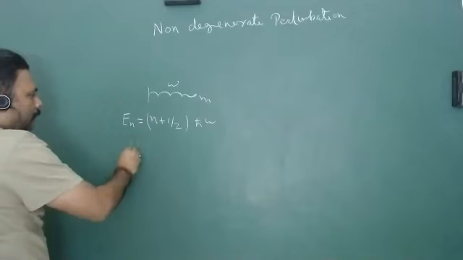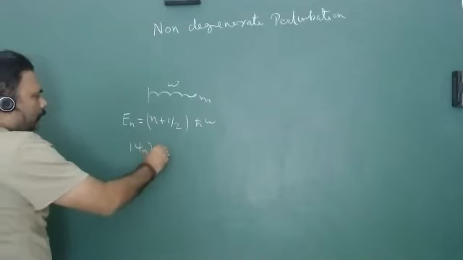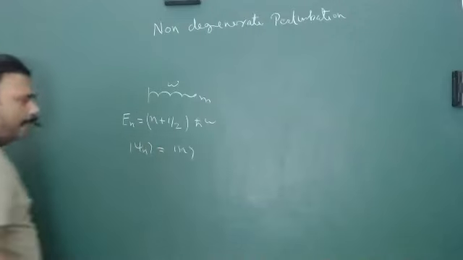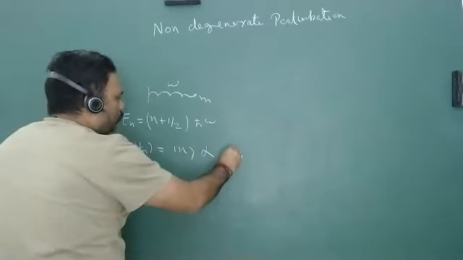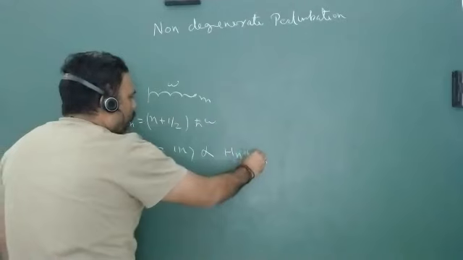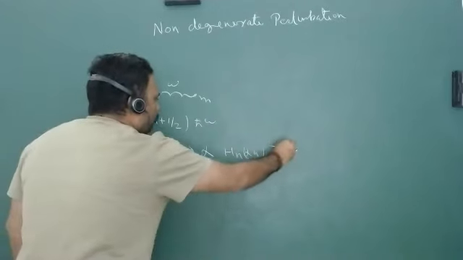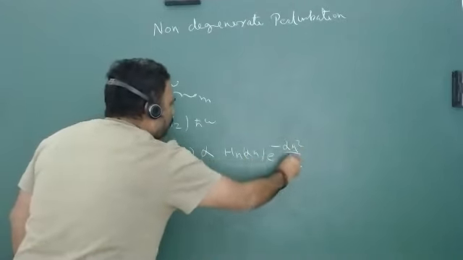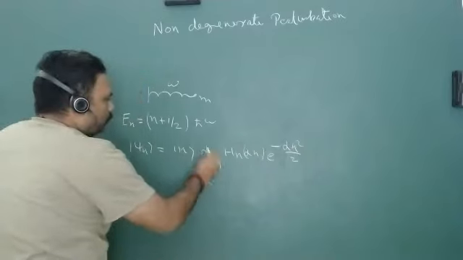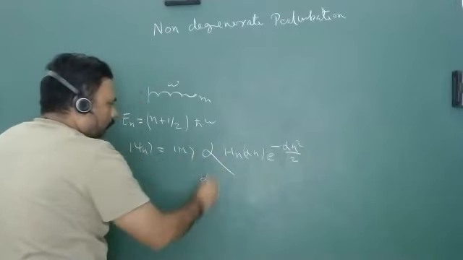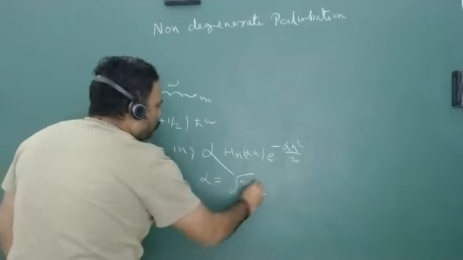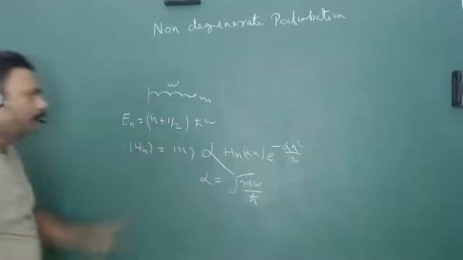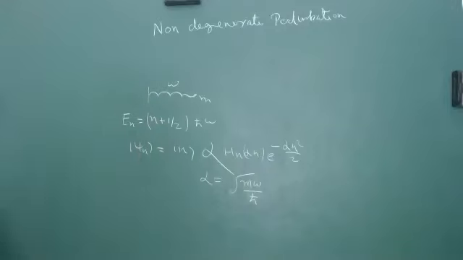And I know psi n, which I can write as the ket n, and this is proportional to Hn(alpha x) e to the power minus alpha x square by 2, where alpha is equal to root of m omega upon h cut. This is a proportionality sign, this is not alpha. So we know this story.